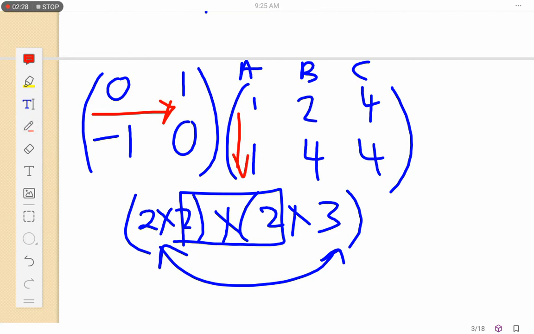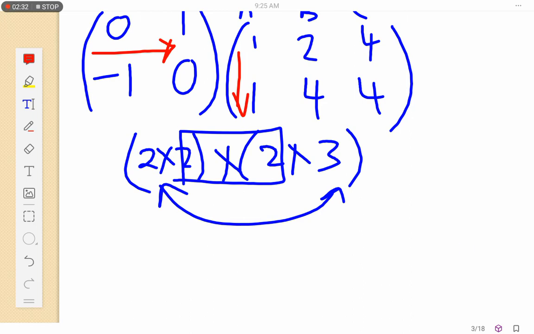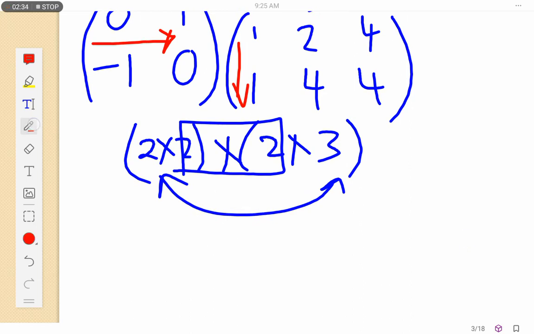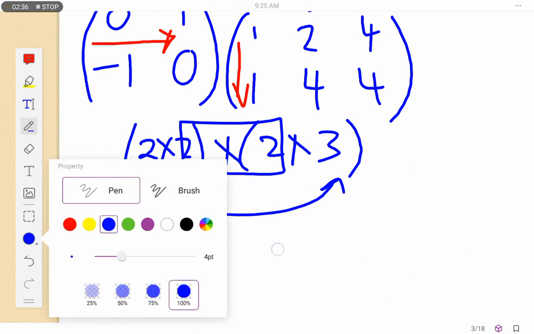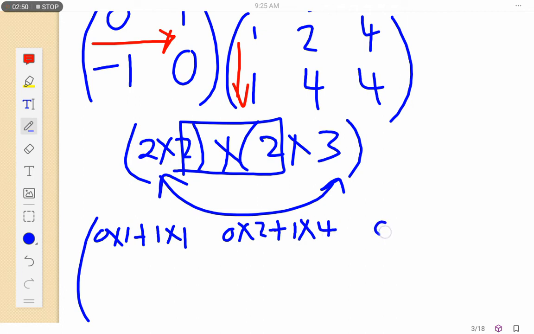If we do the row by column multiplication, for the first row I'll have 0 times 1 plus 1 times 1. Then the second one, 0 times 2 plus 1 times 4. Then the last one, 0 times 4 plus 1 times 4.